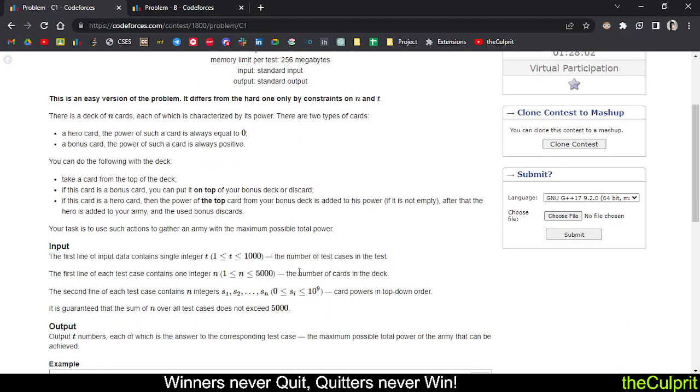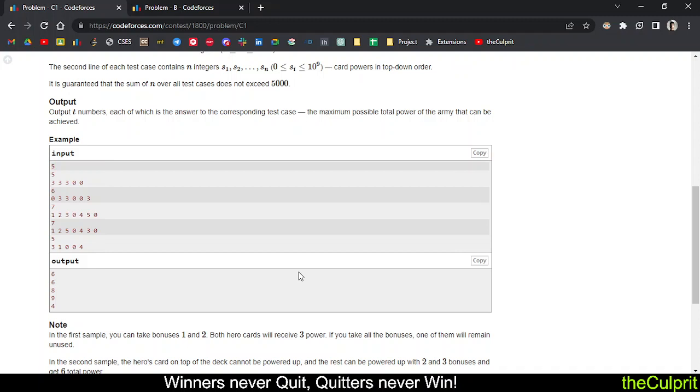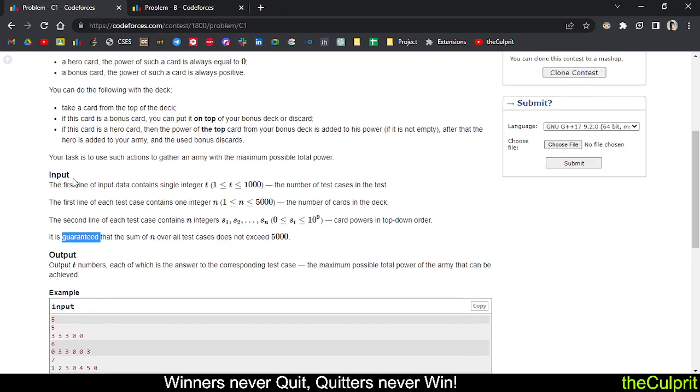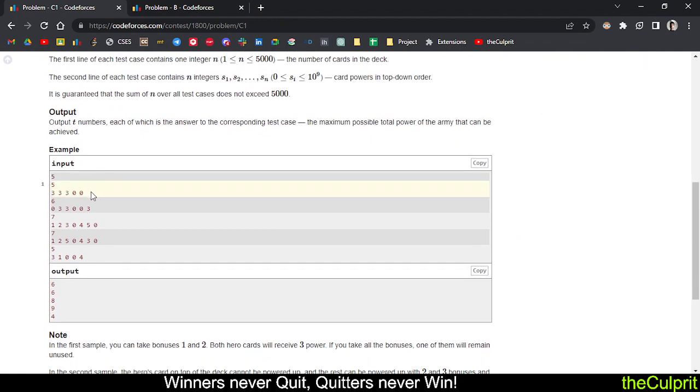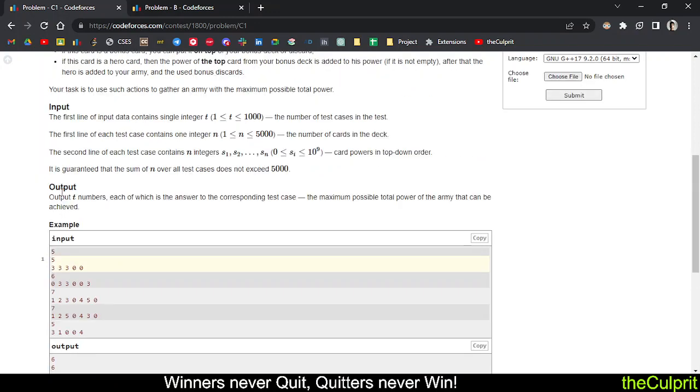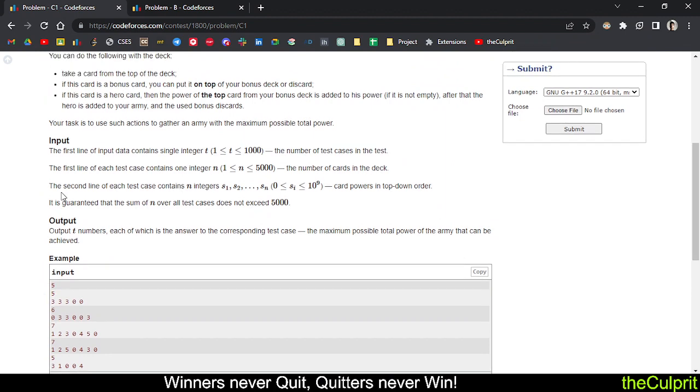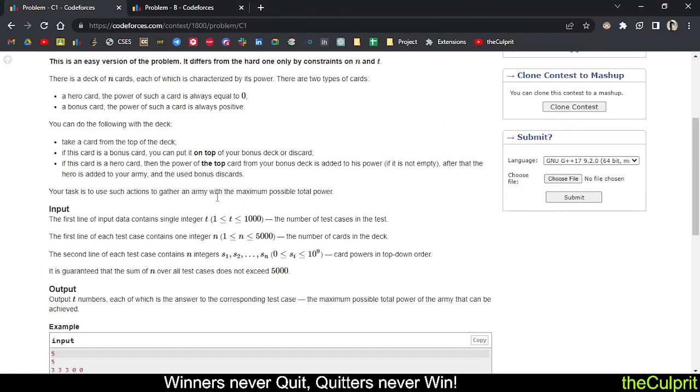To understand this question, let's take one test case. Okay, these are the 5 cards given. These are hero cards and these are the bonus cards. This is a hero card. If I have a bonus card, then I can put it.